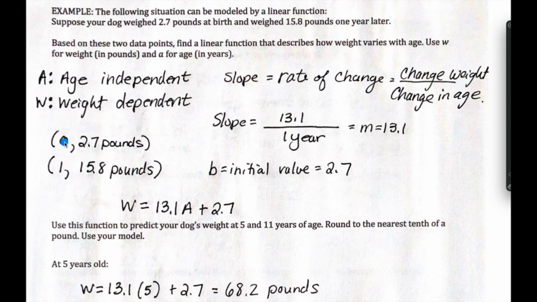So if I go from the year 0 birth to 1 year, and I go from 2.7 pounds to 15.8 pounds, how do my pounds change? Well, I go from 2.7 pounds to 15.8 pounds. That means I go up by 13.1 pounds. So that's my change in my weight.